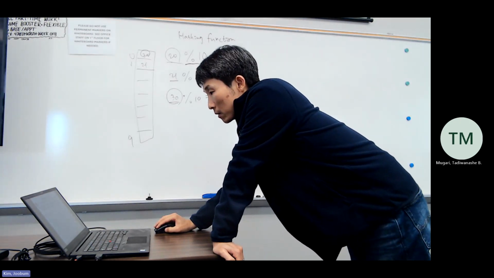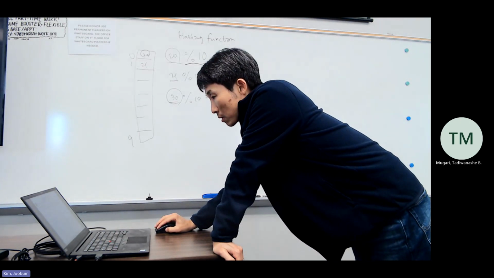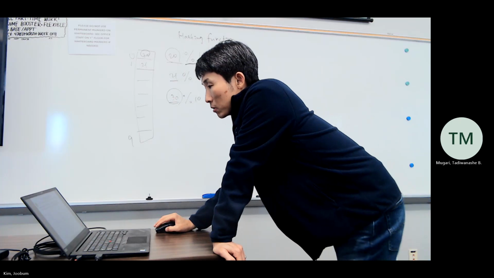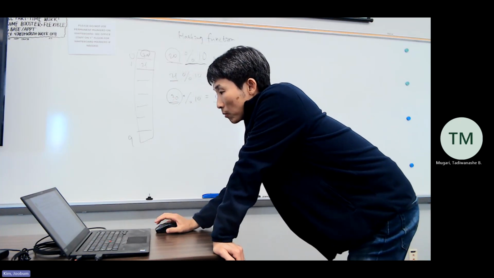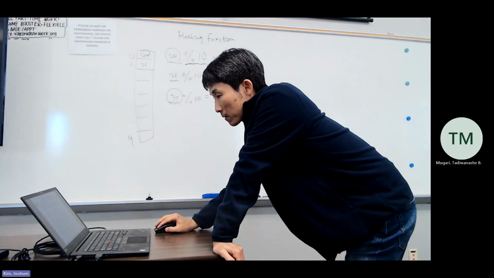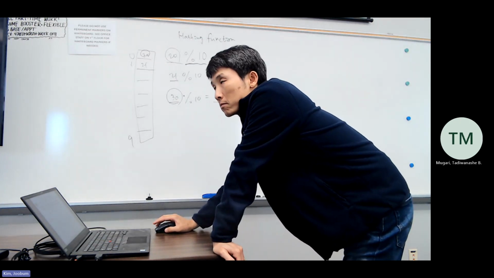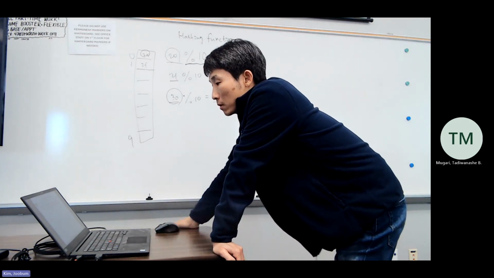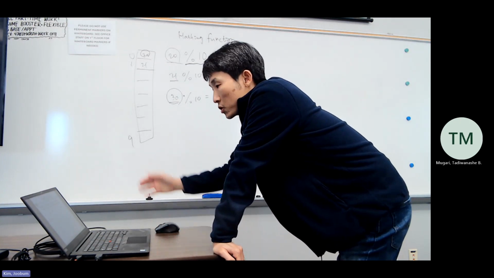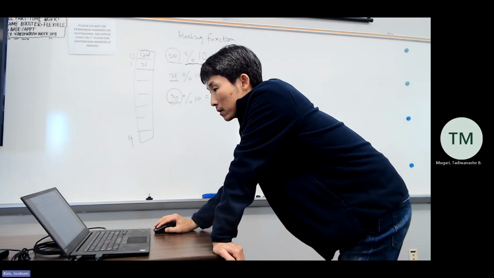And then in this case, you can use the double hashing function. This is the first hashing function, and this is the second hashing function. The second hashing function can be defined by the developer. You can design something like that.